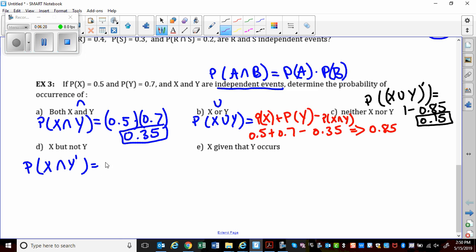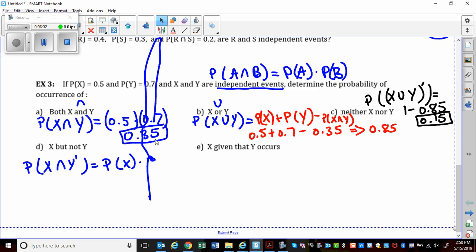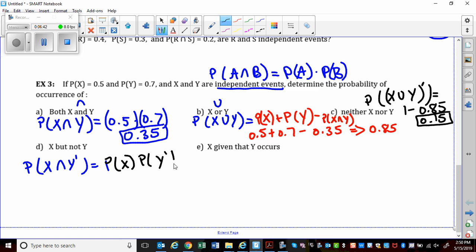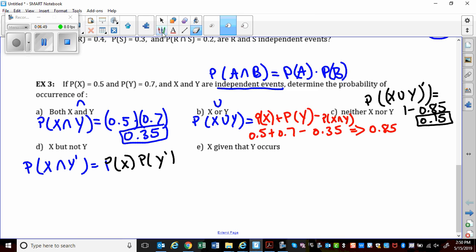So the probability of x times the probability of y complement. Well, y is 0.7, so the y complement is 0.3, 1 minus 0.7. So this is 0.3 times the probability of x, which is 0.5, and this becomes 0.15.